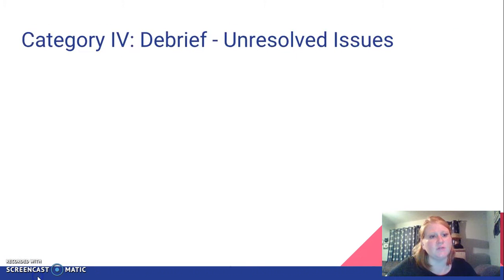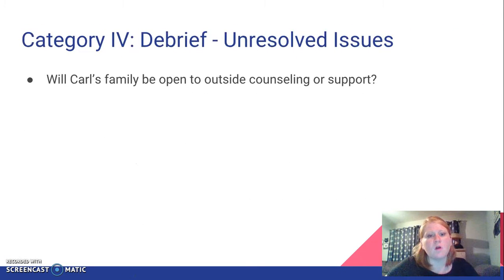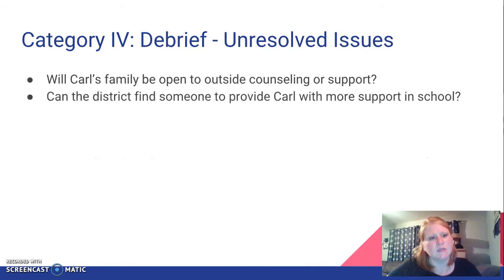Debrief, unresolved issues. Will Carl's family be open to outside counseling or support? Based on what we know, I kind of think Mom will, but Dad won't. But I don't know. Can the district find someone to provide Carl with more support in school? A social worker, counselor, psychologist, a teacher, his last year's school teacher, who can do a check-in, check-out with him.